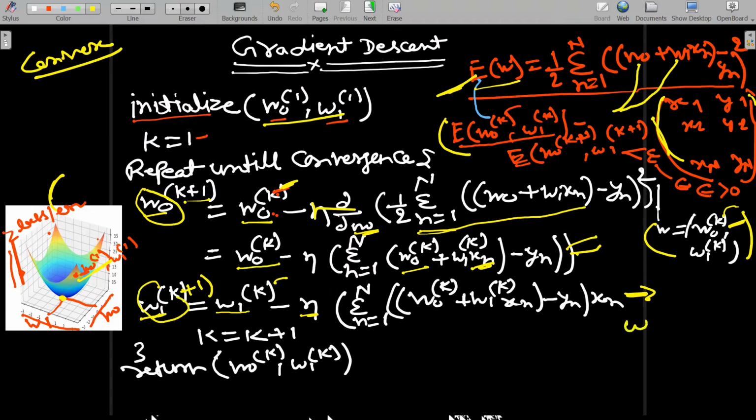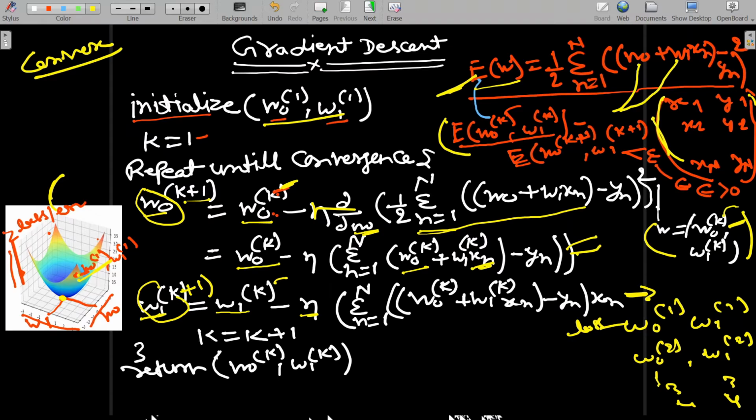So we started from W0_1 and W1_1. Now we have to find this W0_2 and W1_2. Similarly 3, 3, 4, 4. And the most important thing here is that this will give you the loss for this particular point, let's suppose W0_1 W1_1.